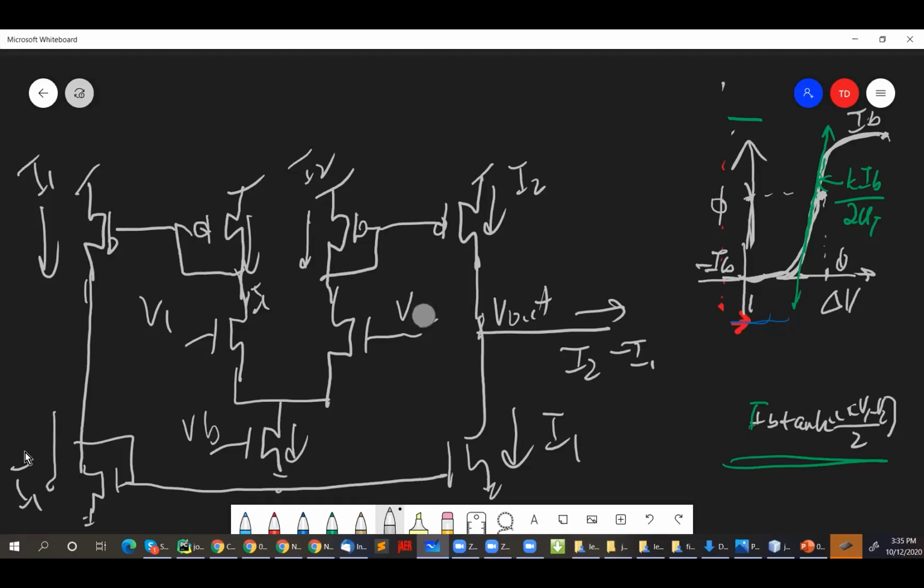Okay, I'm going to make it consistent. So we're going to make I1 here, I1 here. And this will now, as usual, be I1 minus I2.